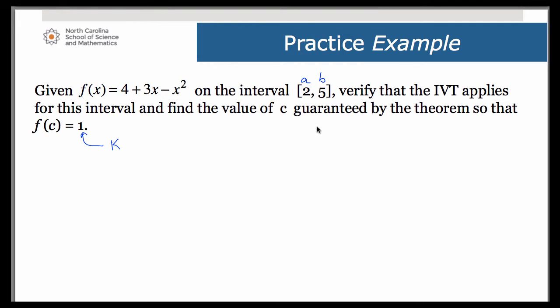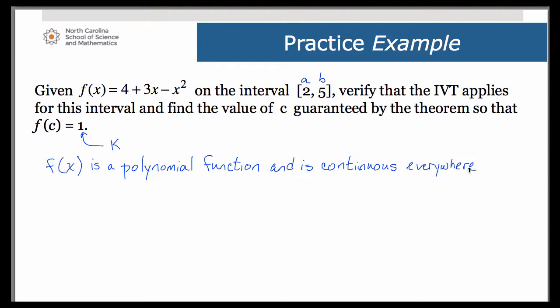So let's think about what the intermediate value theorem states. It states that we must have a continuous function. Well, f of x is a polynomial function and therefore it is going to be continuous for all x's. So that satisfies that one criterion. Now we also need to show that the k value of 1 is in between f of a and f of b.